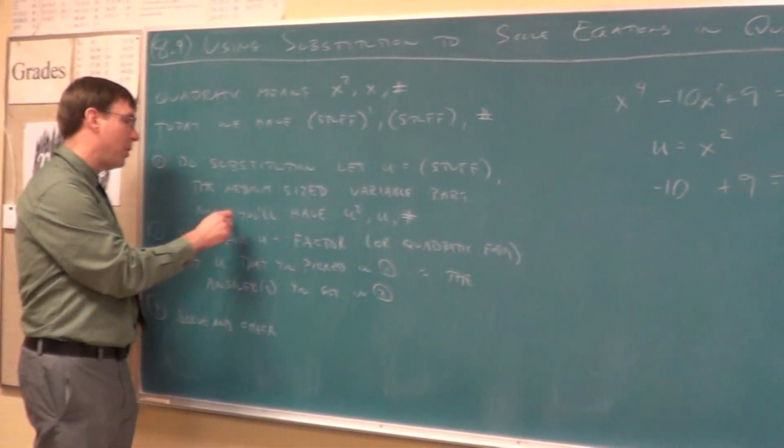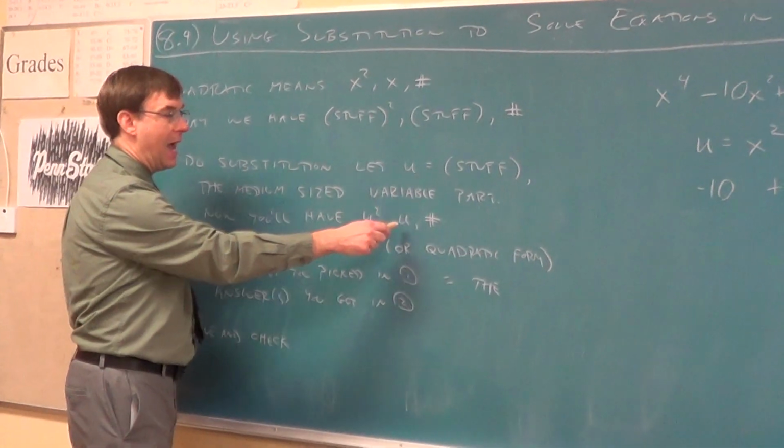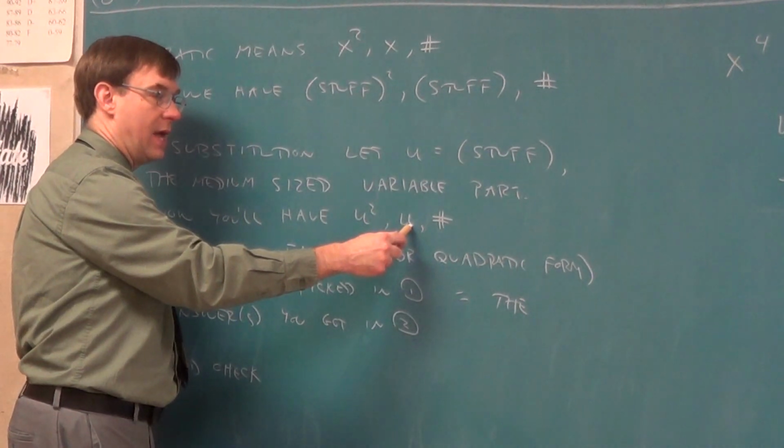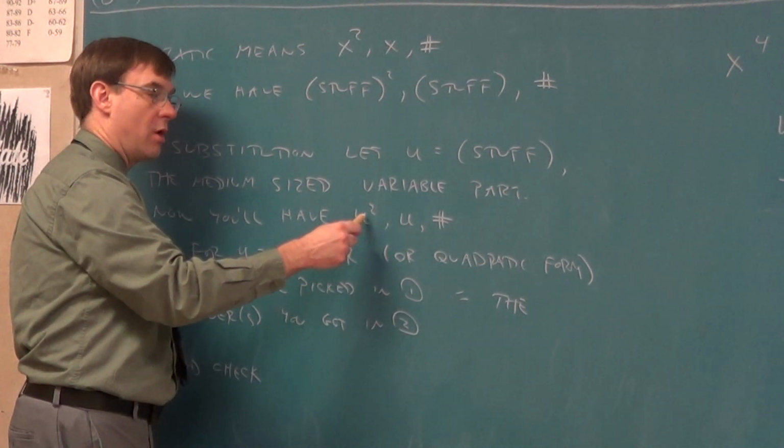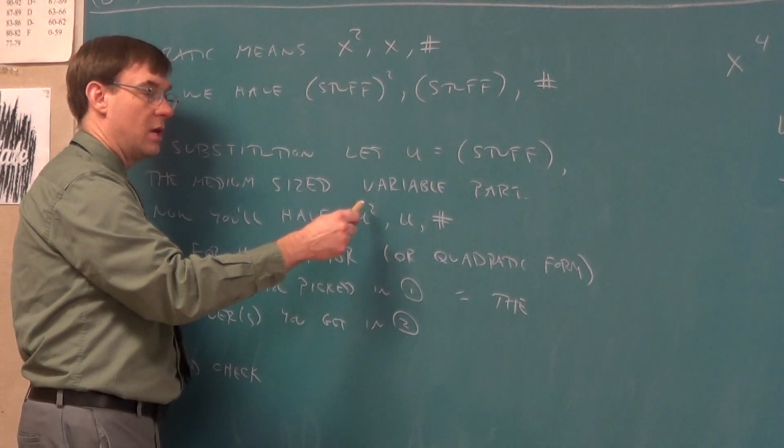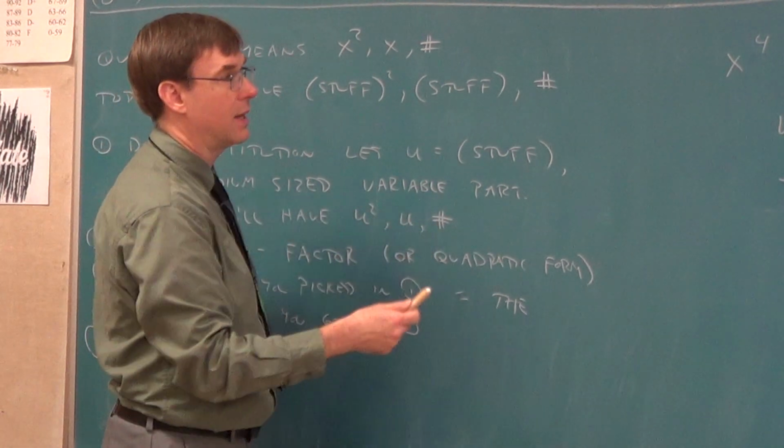And what should happen now, we should be looking at the U that we picked is now in the middle, and the beginning part is having a U squared. There should be a U squared, a U, and a number instead of how it used to look.